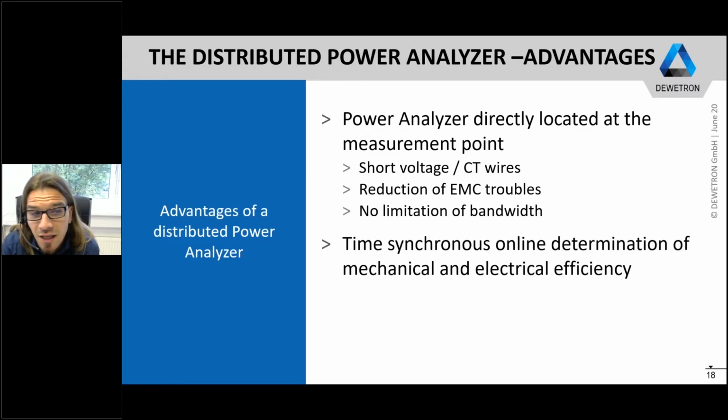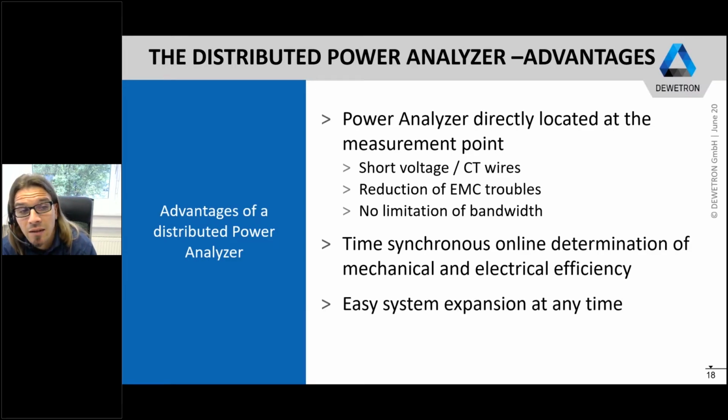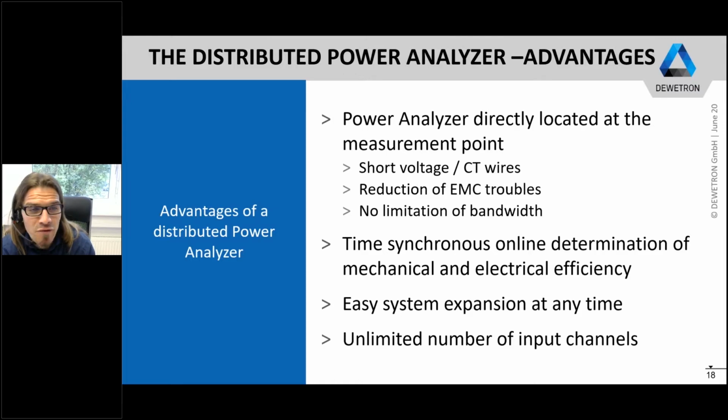In addition, you have a time synchronous and online determination of your mechanical and electrical efficiency of your device under test, and you can always easily expand or reduce your system and change the system configuration at any time. So in theory, you have an unlimited number of input channels of your distributed power analyzer.